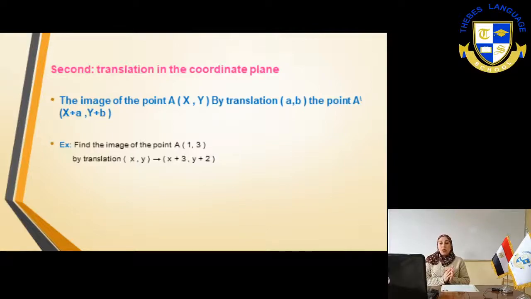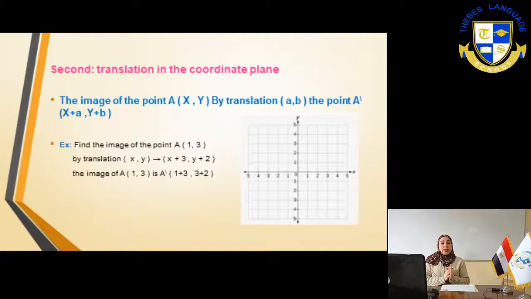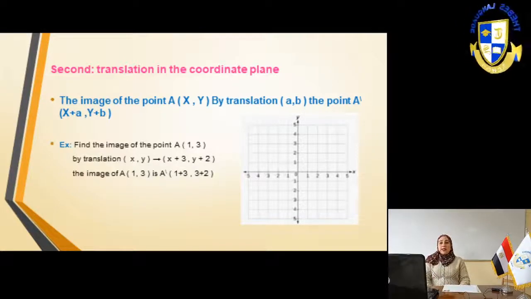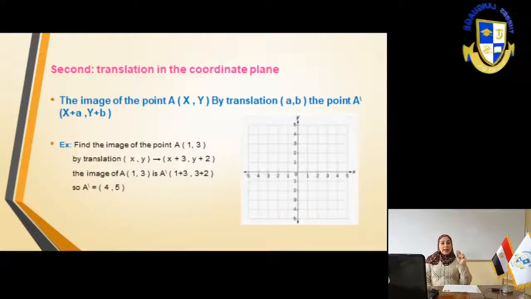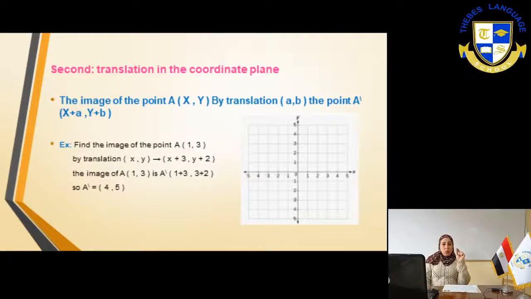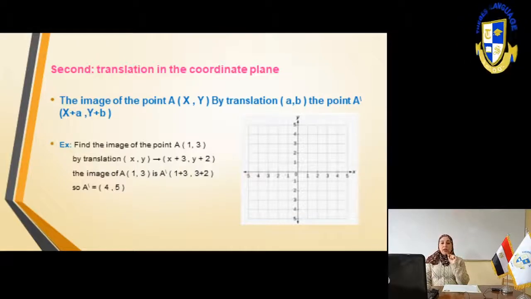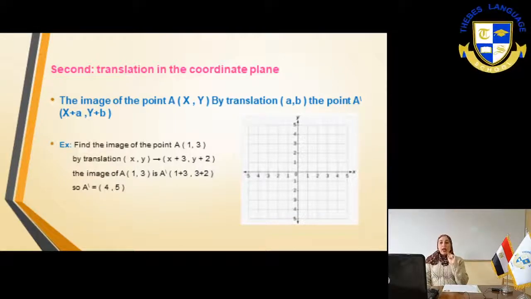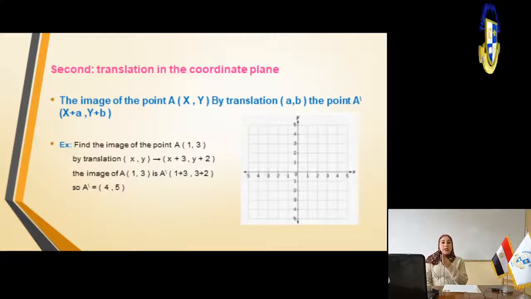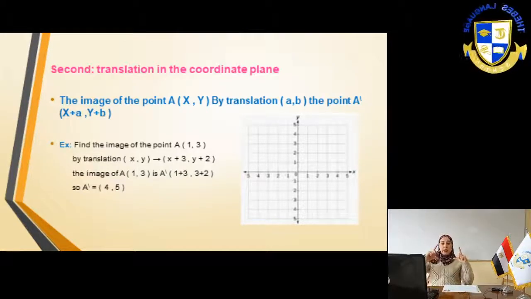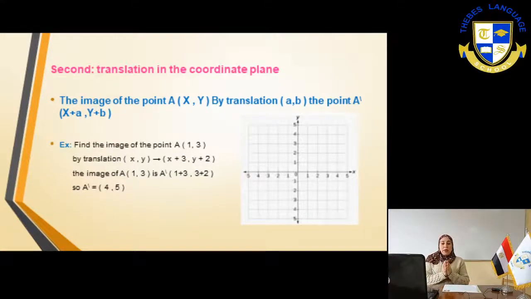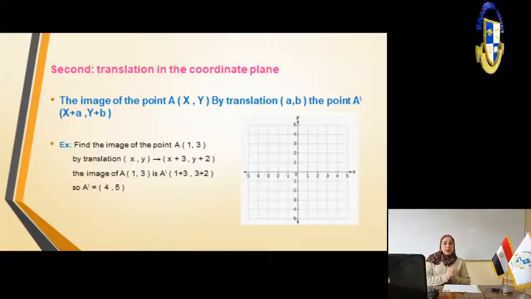Now, I want to find the image of this point by translation, which is x plus 3 and y plus 2. I'll take the x number, which is 1, and add it to 3, so 1 plus 3. And I'll take the y number, which is 3, and add it to 2, so 3 plus 2. Now I have a new coordinate pair: 1 plus 3 is 4, and 3 plus 2 is 5.